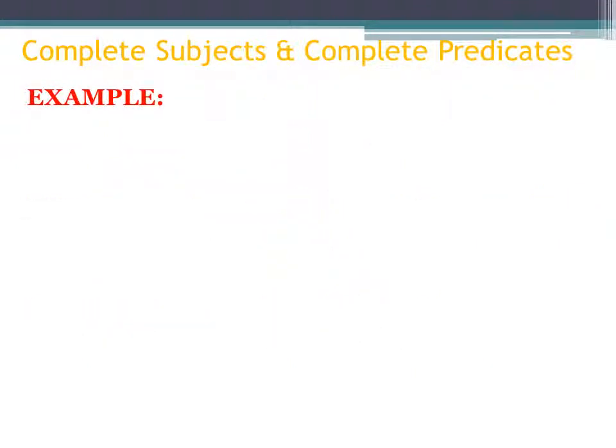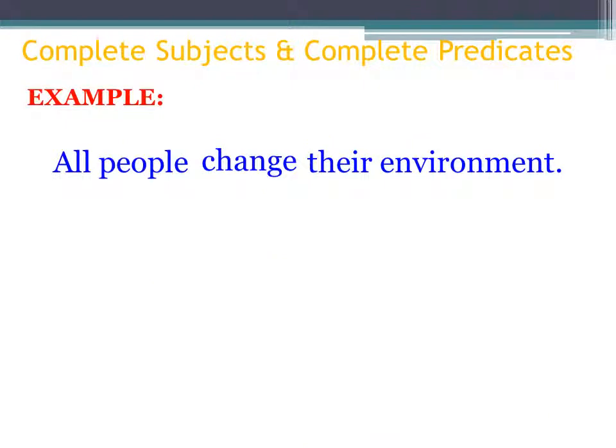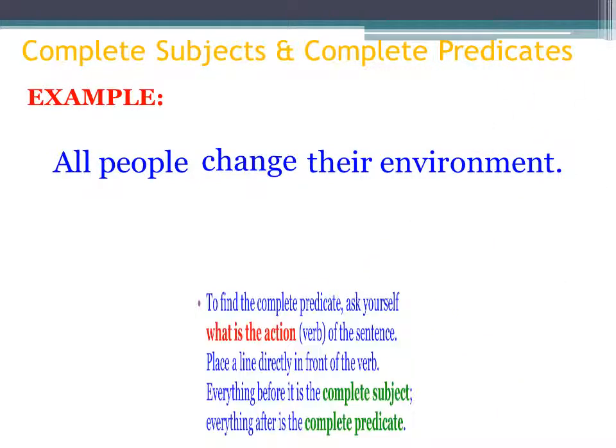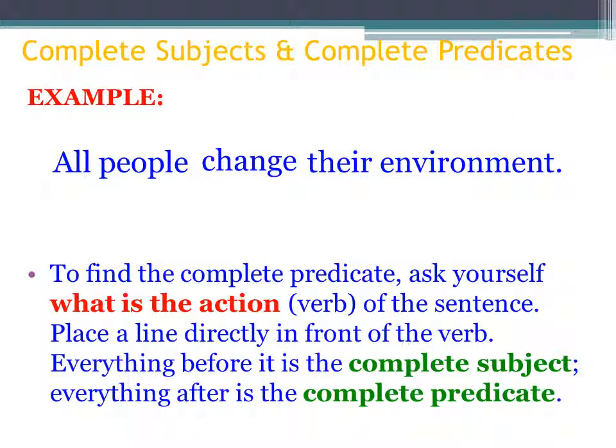Example time again. We have the sentence, all people change their environment. Now in this sentence, we have to find the complete subject and the complete predicate. So we're going to make a simple note that's going to make an easy way for you to find the difference between the complete subject and the complete predicate. It says on your Cornell notes, and you will have to do some filling in the blanks here, to find the complete predicate, you need to ask yourself, what is the action of the sentence?